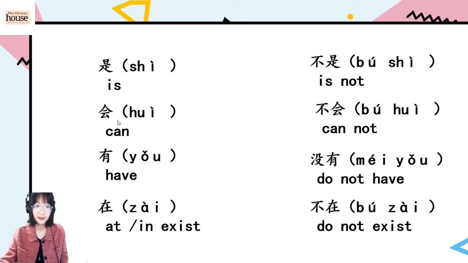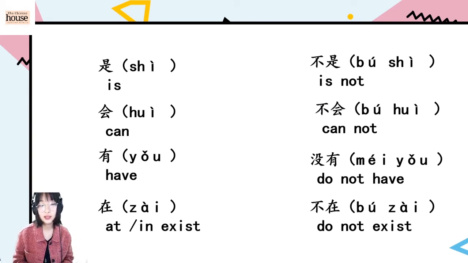What about can? 会, first tone. 会不会 is can or cannot. And remember, maybe some of you already know this character 不 which has two tones. When it appears by itself, you say 不 in the fourth tone.